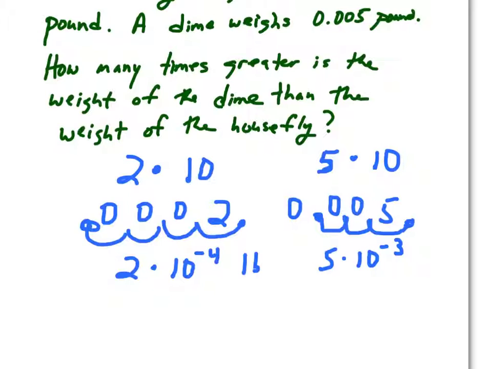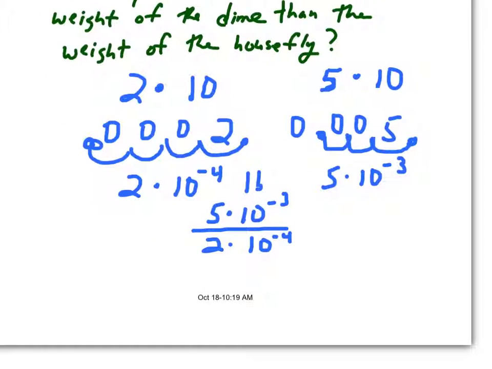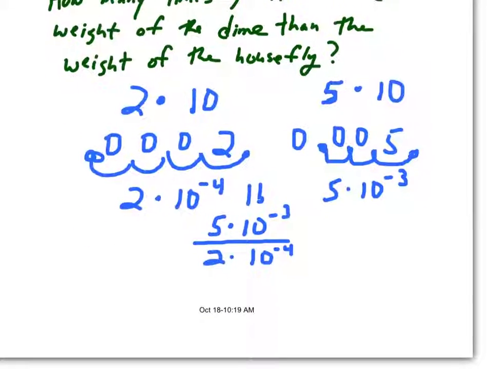Now it says how many times greater is the weight of the dime to the weight of the housefly. So we'll put the weight of the dime on top in this ratio. And notice that this is 5 halves times 10 to the negative 3 minus negative 4.